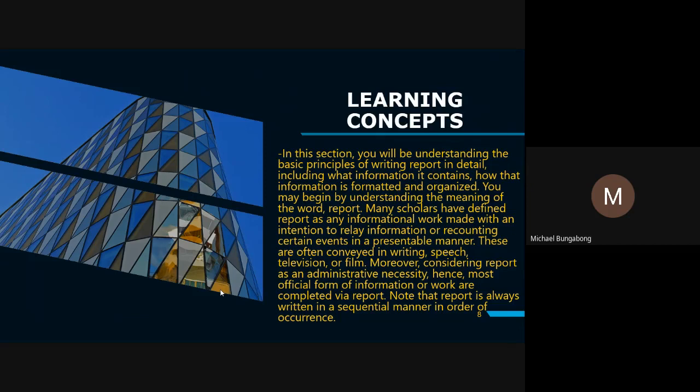Note that the report is always written in a sequential manner in order of occurrence. When you are reporting, it may be in chronological order, but the bottom line is it is in a sequence. Is that clear?